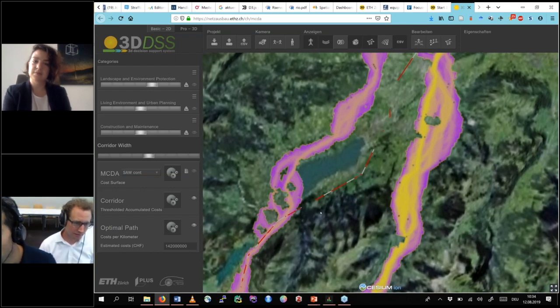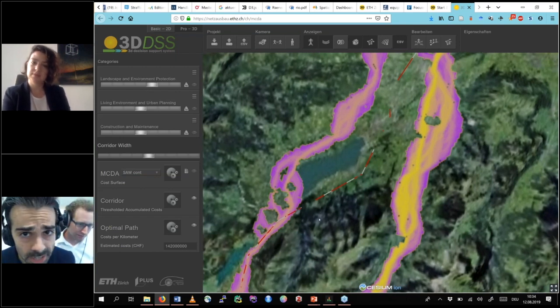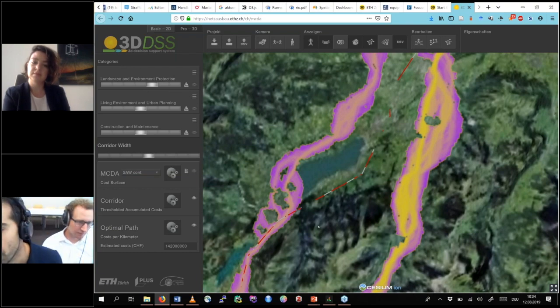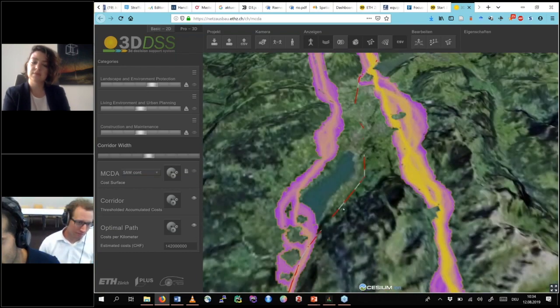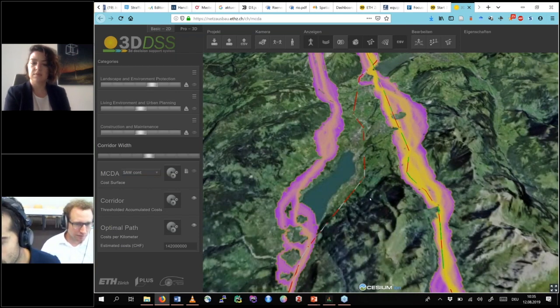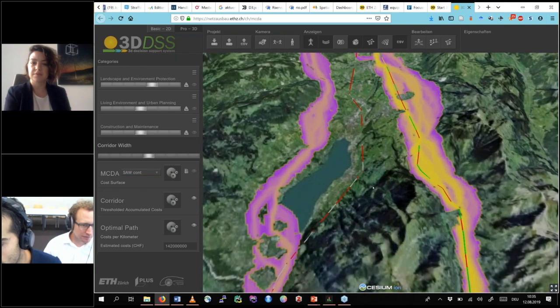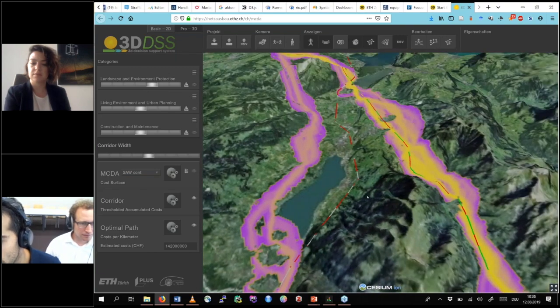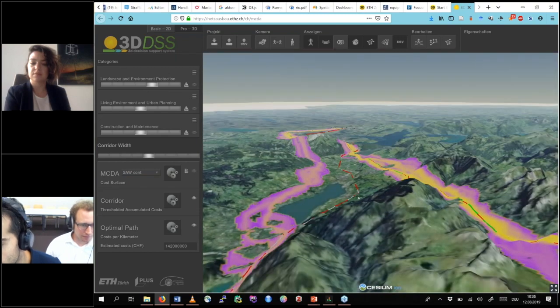We have also 3D LiDAR data, which is high resolution, in the model. And you can then compare the old line, which was estimated to be the optimal choice, where my mouse cursor is right now, or the new one here in the east. I beg your pardon because of the slow internet connection. Right now it should work a bit better.